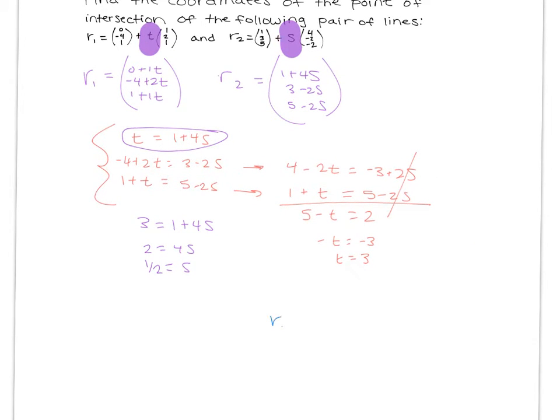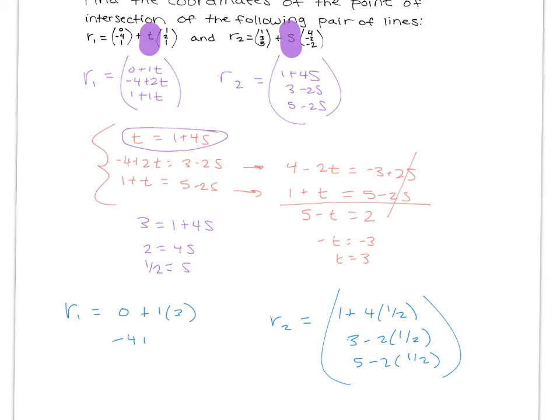So R2 equals 1 plus 4 times s, or 1/2, 3 minus 2 times 1/2, 5 minus 2 times 1/2. That's R2. And I'm going to take my t equals 3 and I'm going to plug it into my R1 equation. So 0 plus 1 times 3, negative 4 plus 2 times 3, 1 plus 1 times 3.